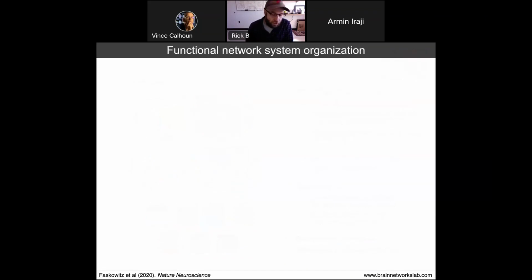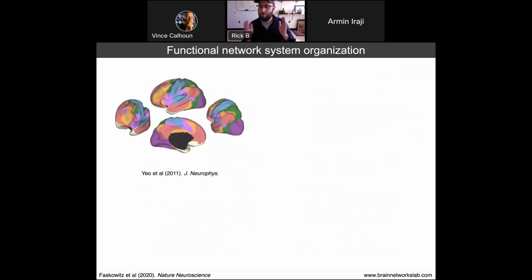But what I find especially compelling about the edge connectivity is its implications for system level organization in the brain. So I'm going to show you some figures from other people's papers. I think most people here recognize this right away. This is from Thomas Yeo's seminal 2011 paper, in which he clustered a bunch of vertices in the brain on the basis of their functional connectivity similarity.